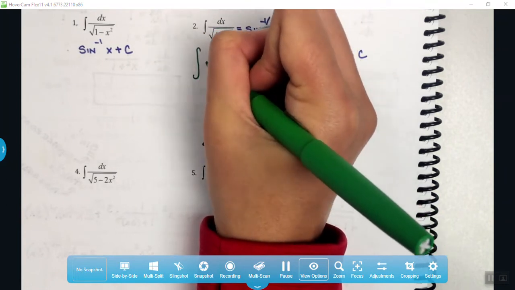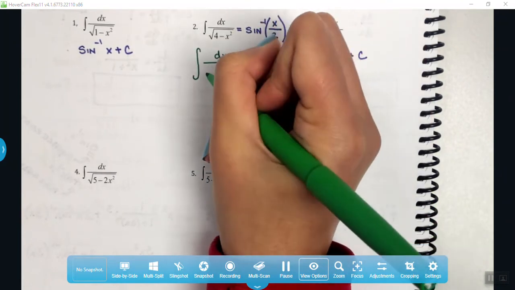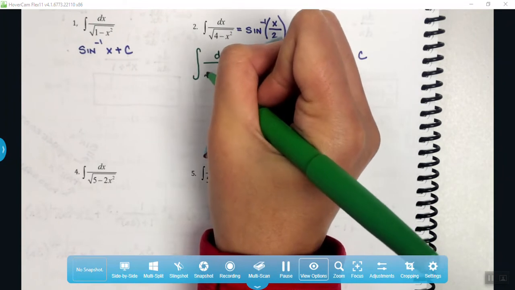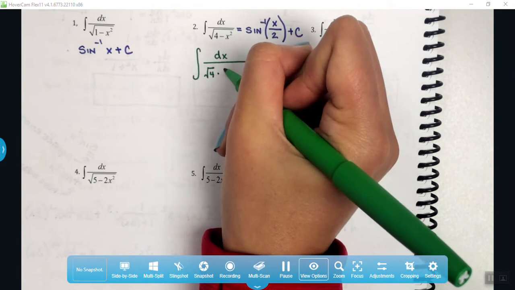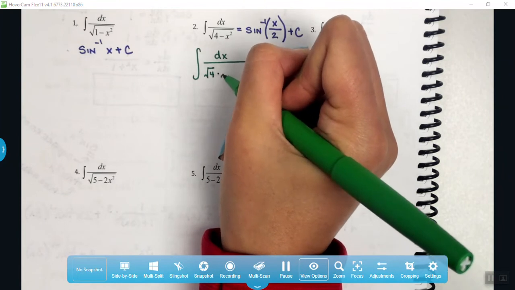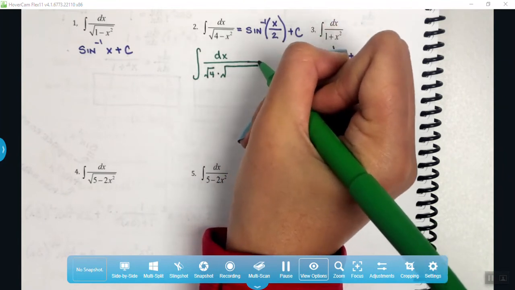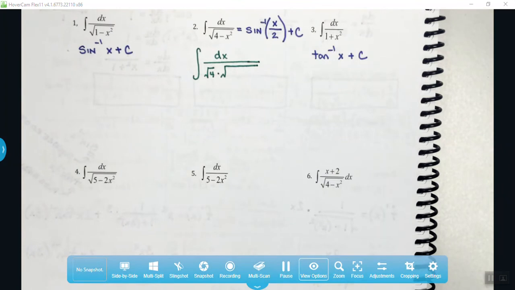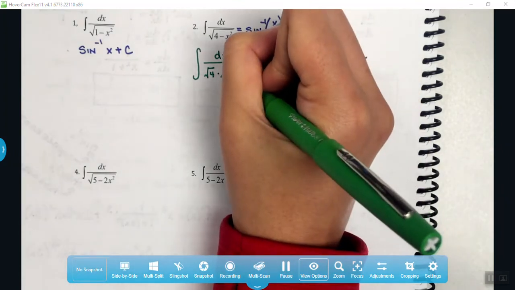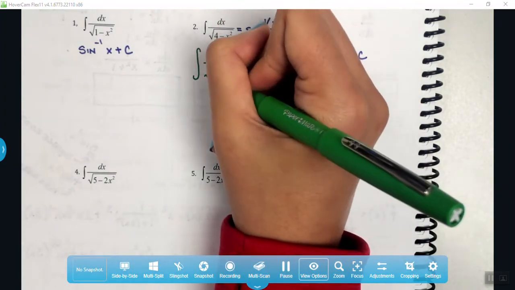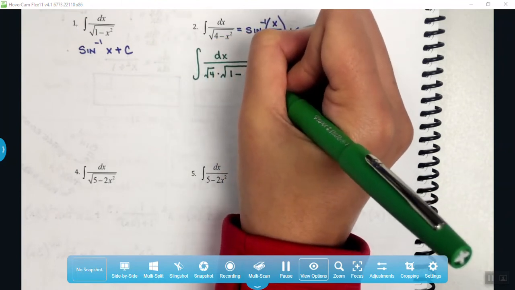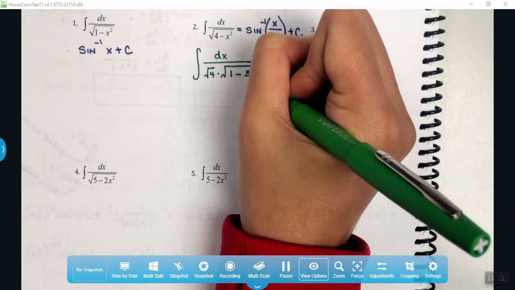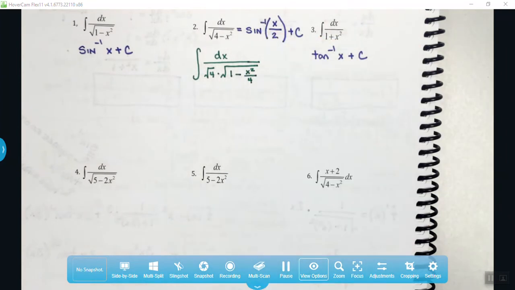The mathematical process is to factor out a square root 4. If I take out a square root 4, what's left in my root? 1, right? 4, take out the 4, minus x squared over 4, right?